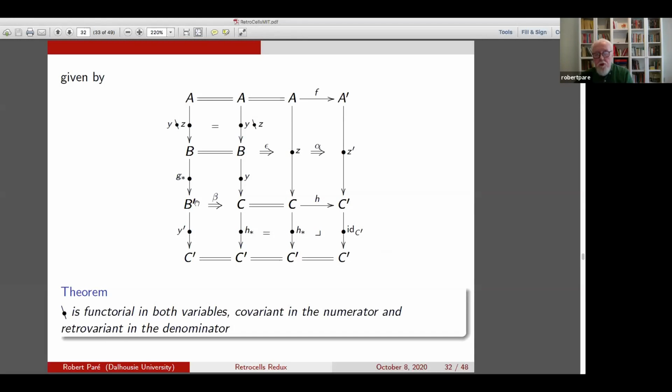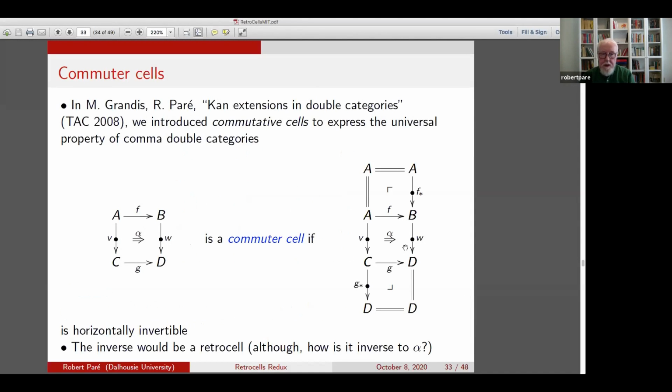So now you compose all of these together, and what you get is a globular cell with this Y prime here down on the right. You can flip it over, and it gives you something from this guy here, composed with this into Z prime, and then you can flip this over here. I don't know if you could understand that if you didn't know already, but that's what it is.